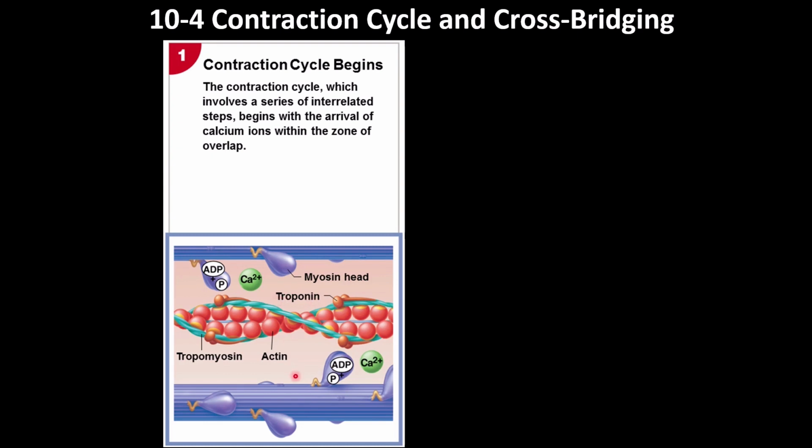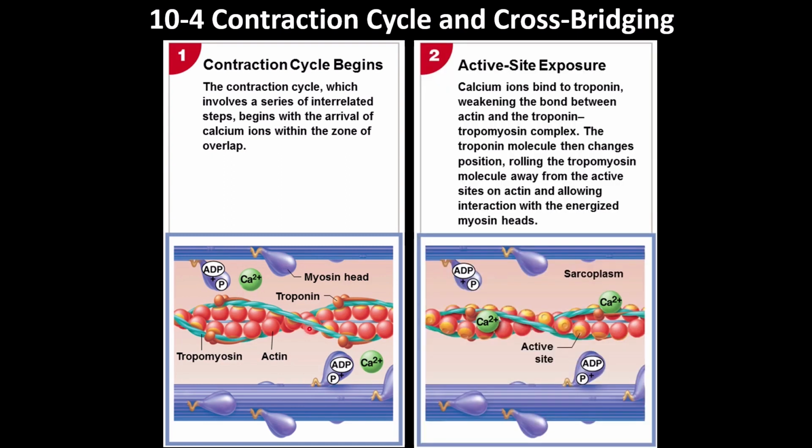Also, you have the myosin, and the head of the myosin contains an energy molecule, which is ADP plus phosphate. Once the calcium enters the area, the calcium again attaches to the troponin.